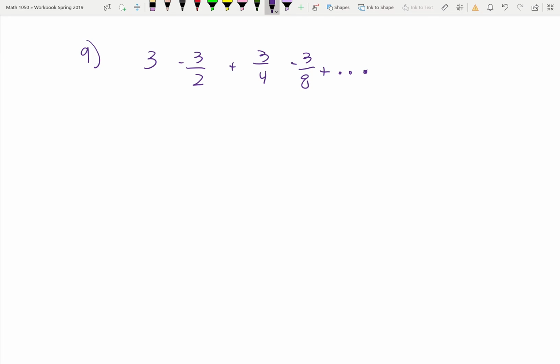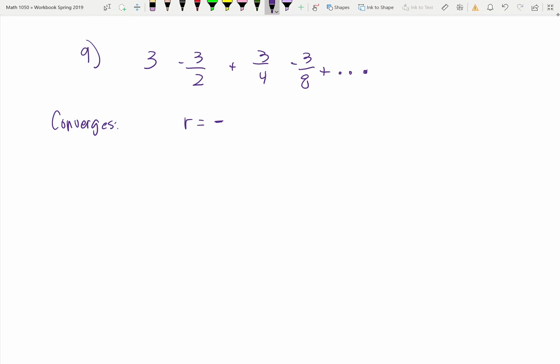So the only way that this infinite series' sum can even be found is if it converges. And the way you decide if it converges is you find the ratio. Look at my signs, they're alternating, positive, negative, positive, negative. So I know my ratio has to be negative. When you're deciding if it converges or diverges, don't even think about the sign of the ratio. It's just the number that you're caring about.